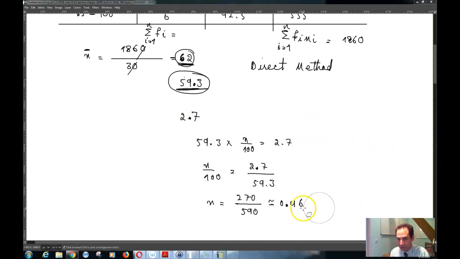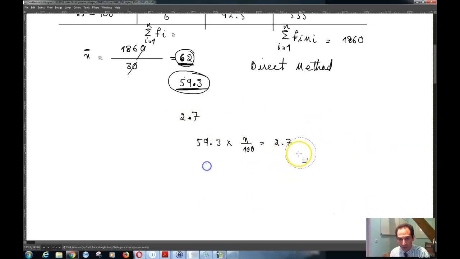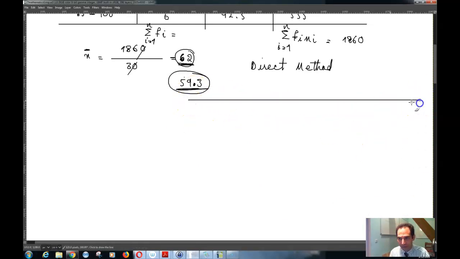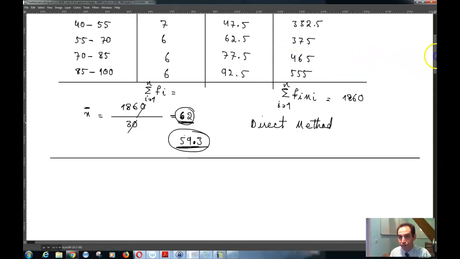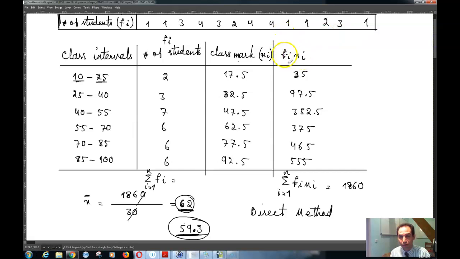This is basically where we are getting into making the table a little bit simpler, and then based on that we will derive some formulas.